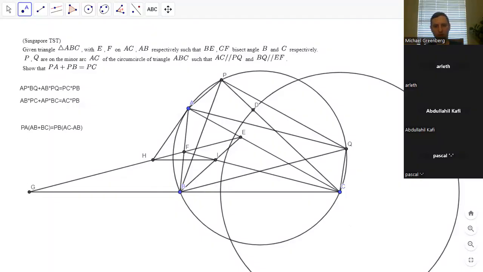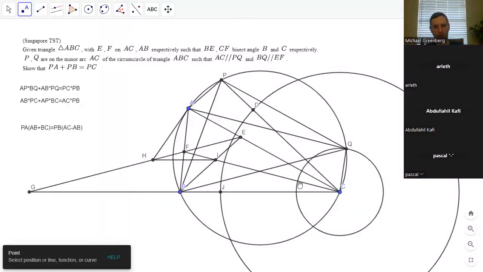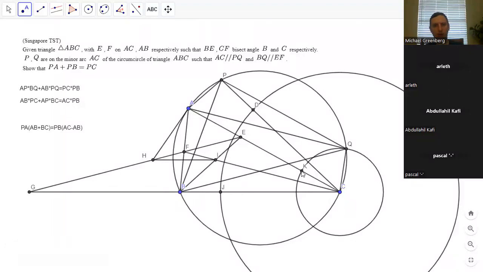But I could do this. This angle should equal this angle. So I could draw this point, and then I could draw this point, and then CJK should be congruent to PAB.